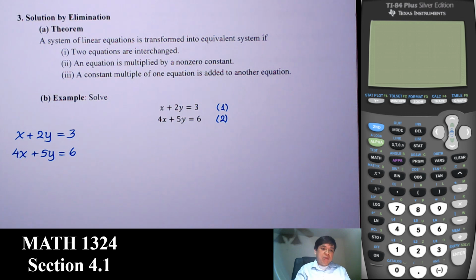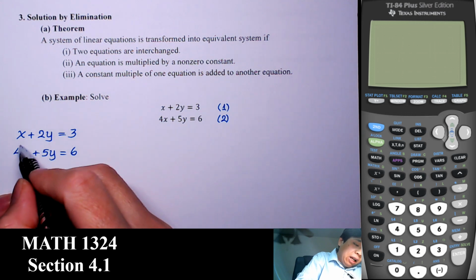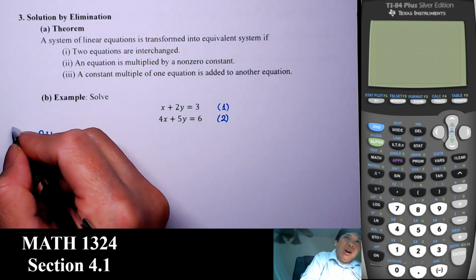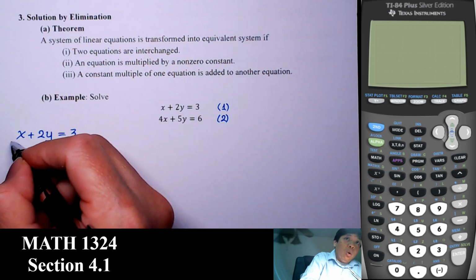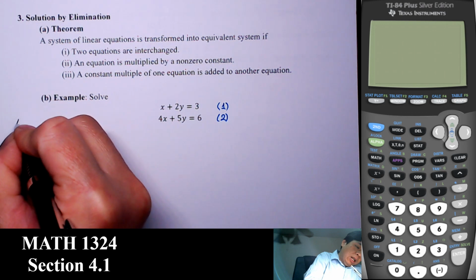Now we try to eliminate x or y. We just have to pick one, and we can eliminate x or eliminate y, it doesn't matter. I will choose to eliminate x, because that looks easier. Again, we prefer to eliminate the one whose coefficient is 1 or negative 1.